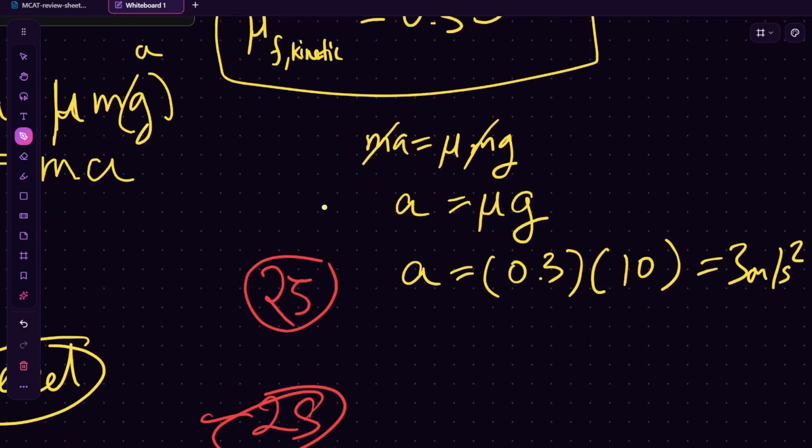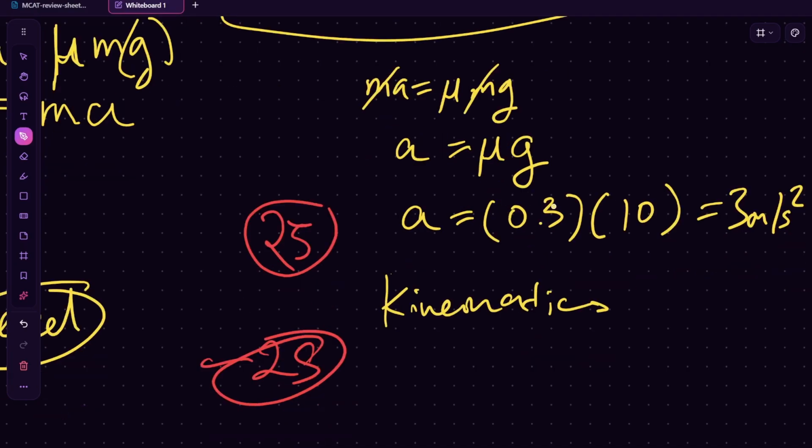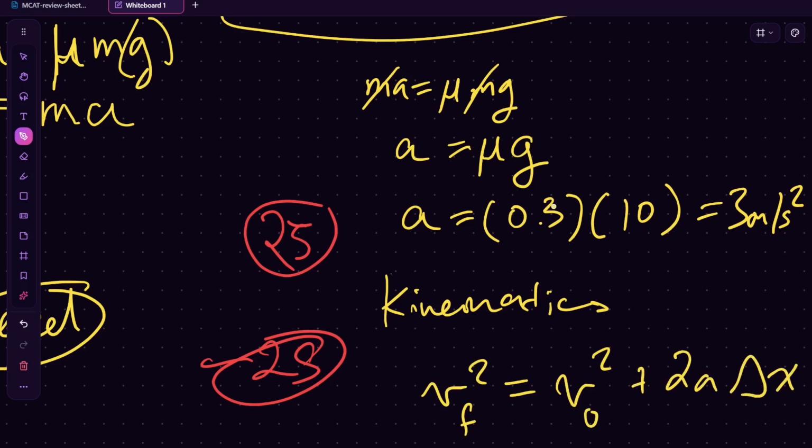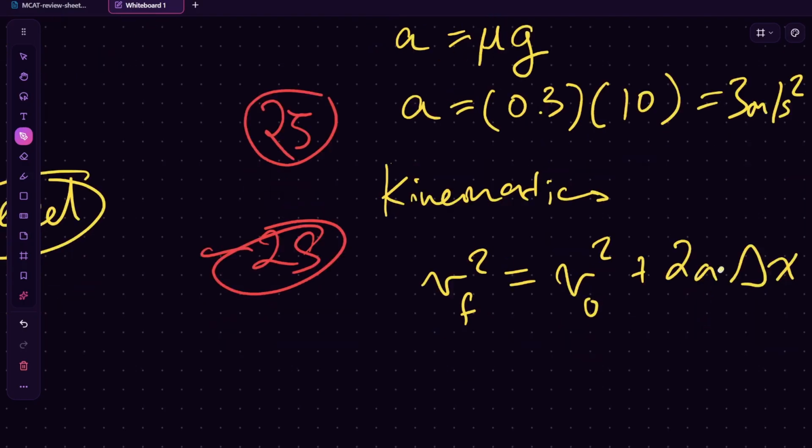Now you have to apply your kinematics formula. The one we're going to use to find our displacement is v final squared equals v0 squared plus 2a delta x. What we need to do is use what we already know.